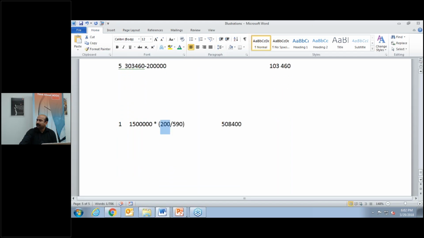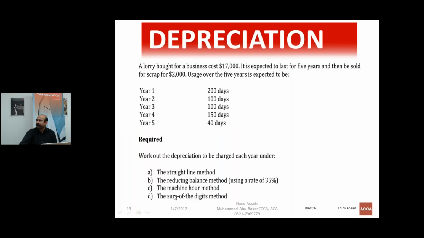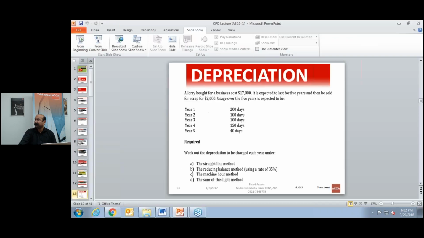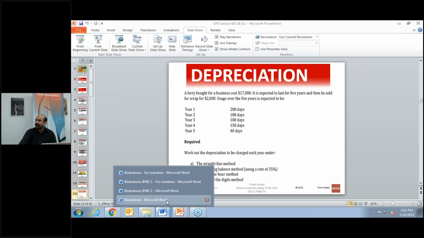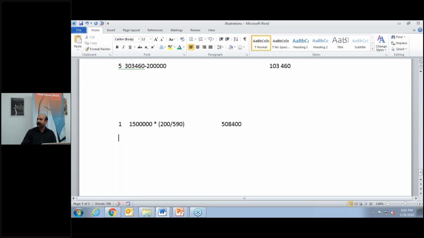Then the fourth one is the sum of digits method. In earlier sessions, someone asked about the sum of digits method and said they forget this method. In this method, you add up the numbers of the years.